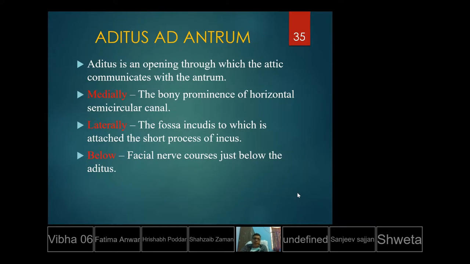Sorry for interruptions. So just to start again, the aditus ad antrum is the posterior part of the middle ear cavity, and this aditus is an opening through which the attic communicates with the antrum, and it has four walls: the roof, which is a posterior extension of the tegmen tympani, and it separates the middle cranial fossa from the aditus.